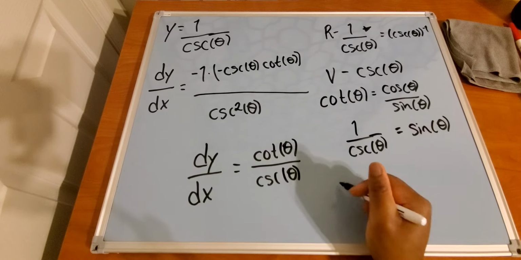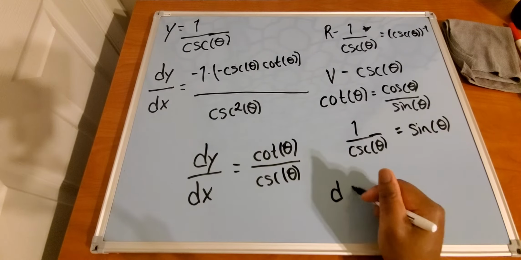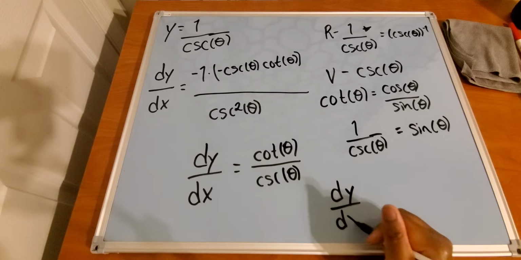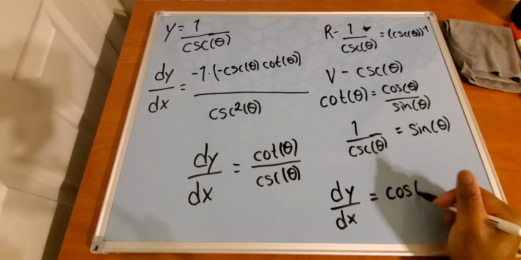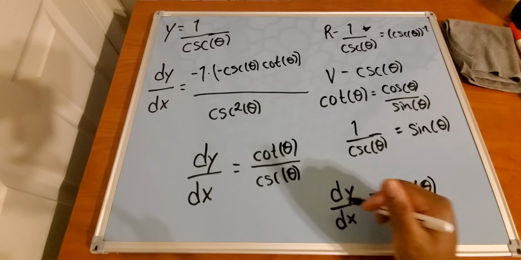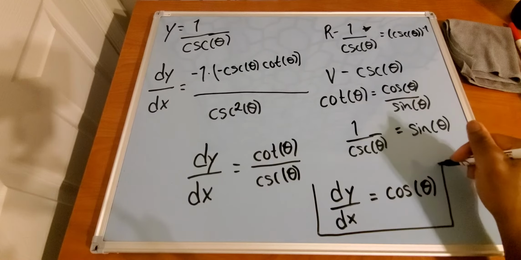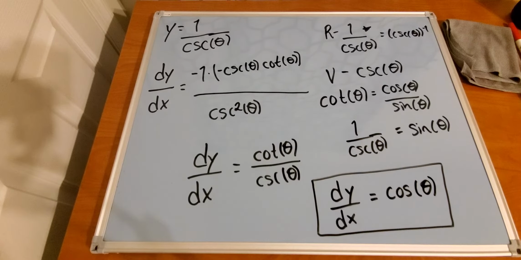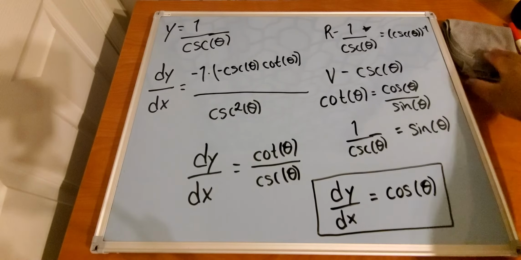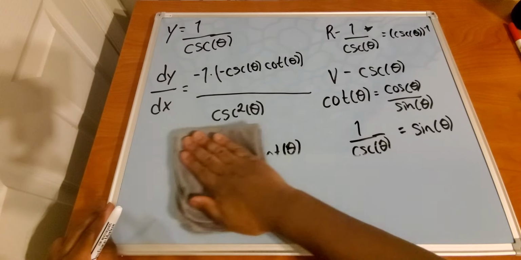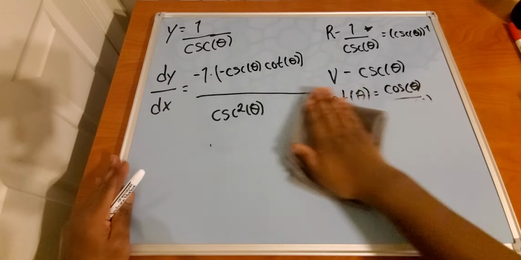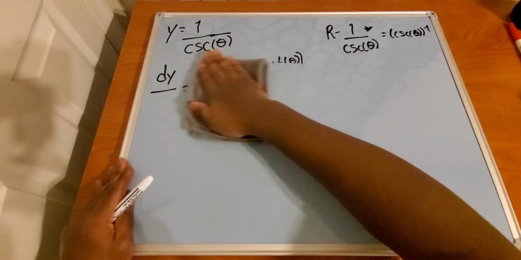So we can simplify this down further to say that dy/dx is equal to cosine of theta. In this case, I just simplified it down because it was pretty quick. If it wasn't quick, I really wouldn't bother with it because I wouldn't want to lose time doing that. But that's question number 5. I forgot to number it.